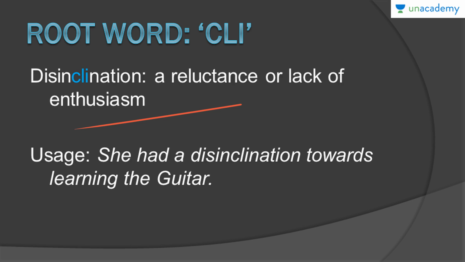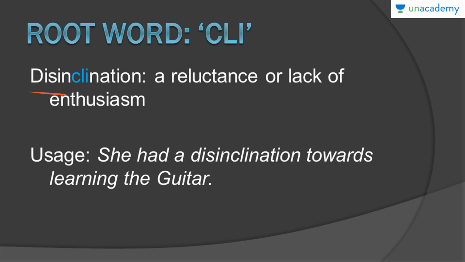So her parents wanted her to learn the guitar, or somebody else wanted her to learn the guitar, but she had no interest in learning. So she had a disinclination, so she did not go for the classes. So that's self-explanatory, and the word disinclination is related to the root word. Why? Because the root word means to lean towards something, and as you can see, the word dis is over here.